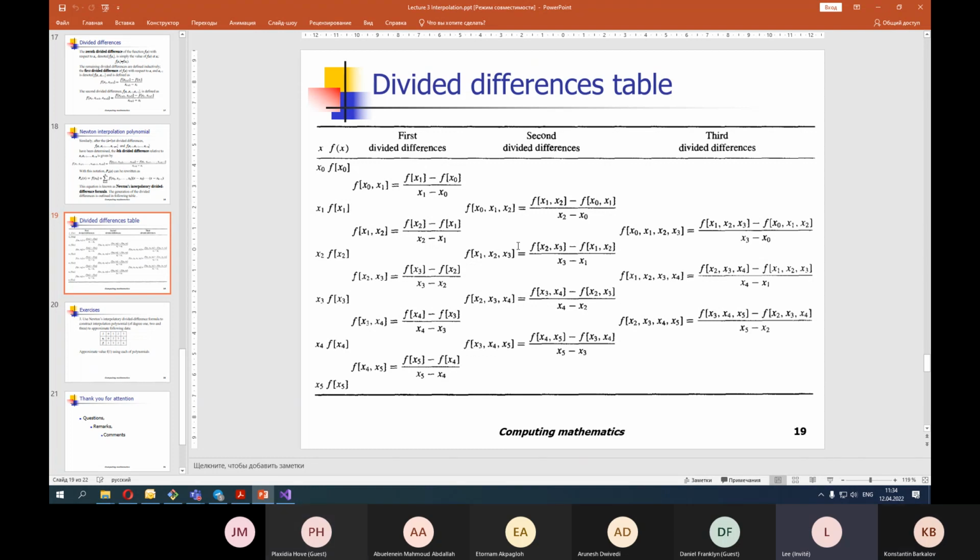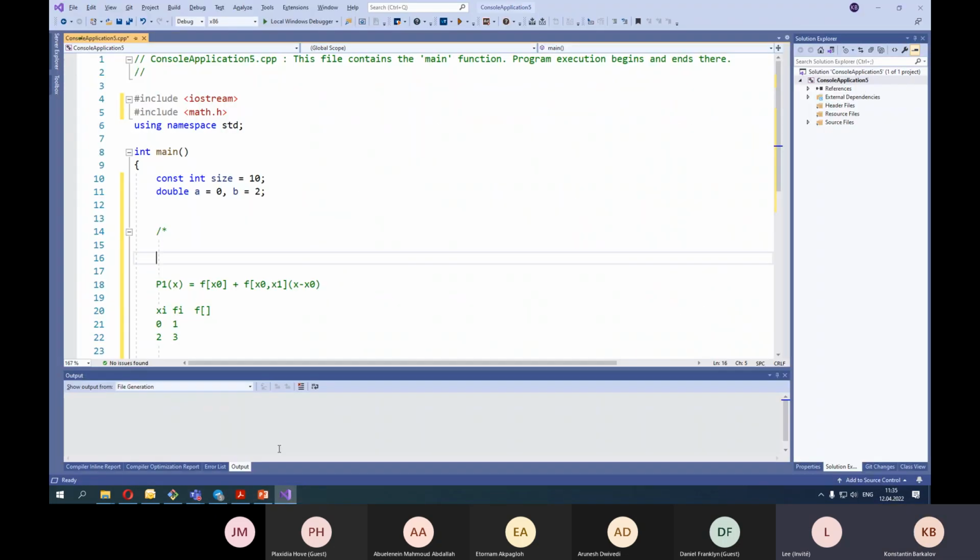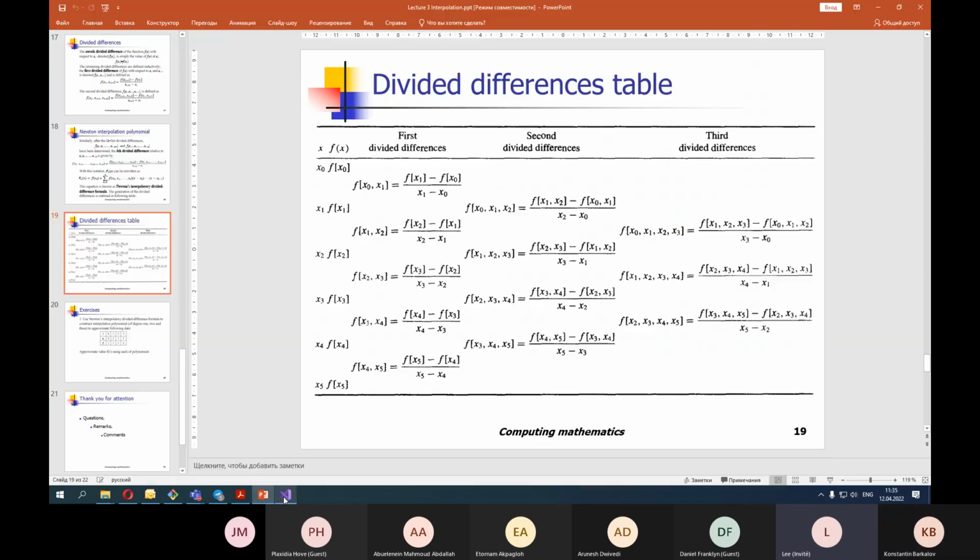-1. What? Why -1? What is the value of f of x1?